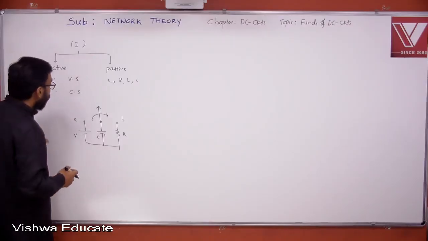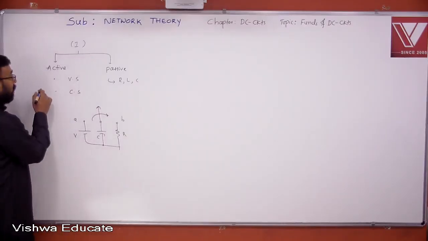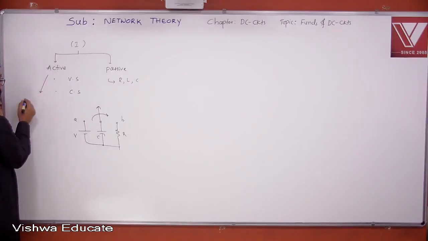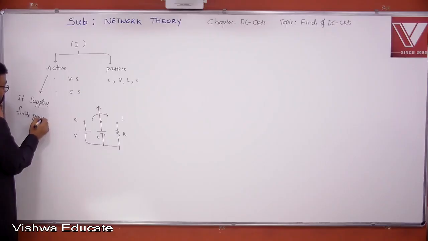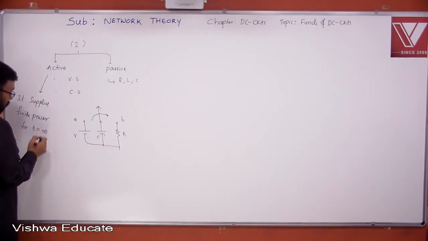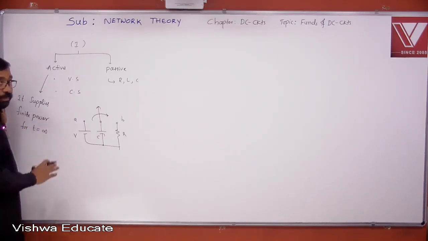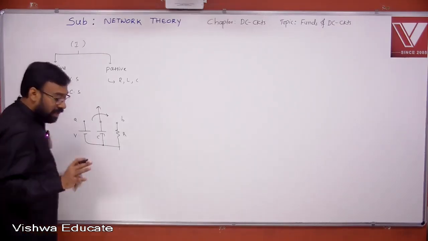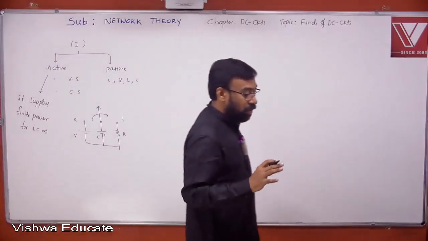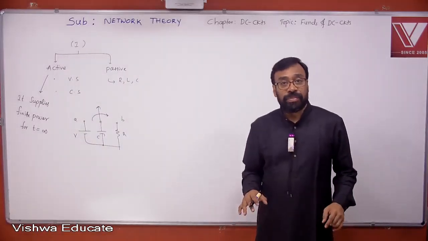Therefore, you need to define the active element as the one which supplies, it's a very, very important definition, finite power for infinite time. All of you please write down quickly. It supplies finite power for infinite time. But do you have any element which can supply finite power for infinite time in reality?